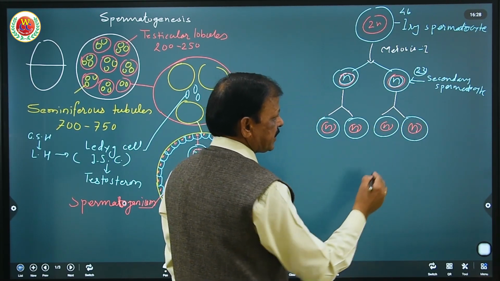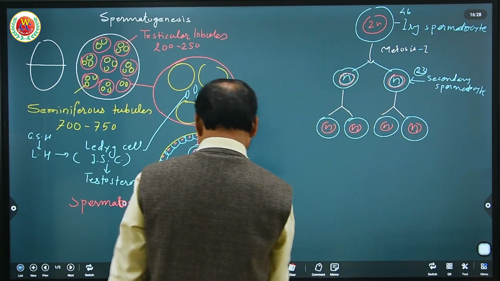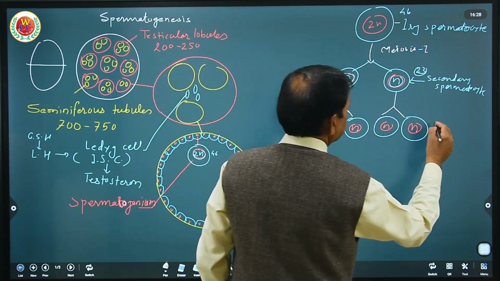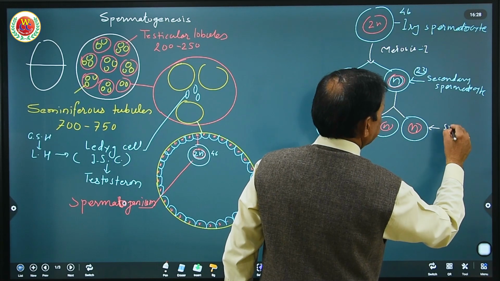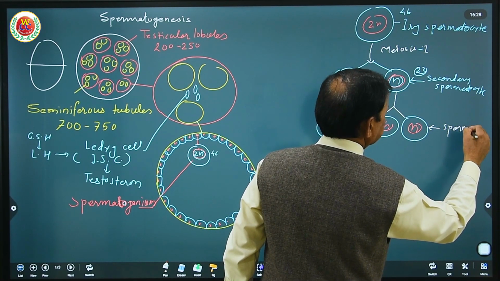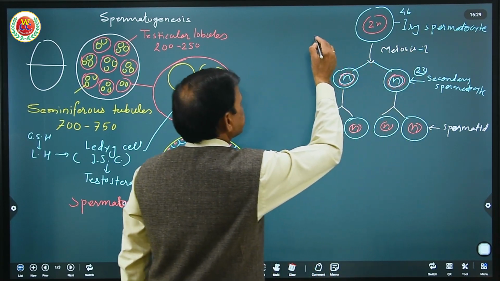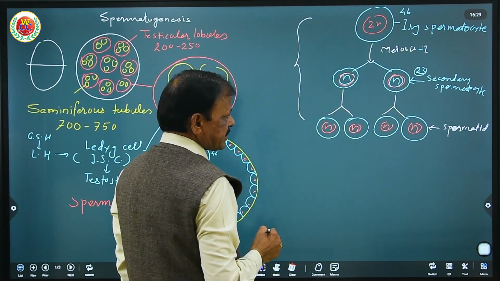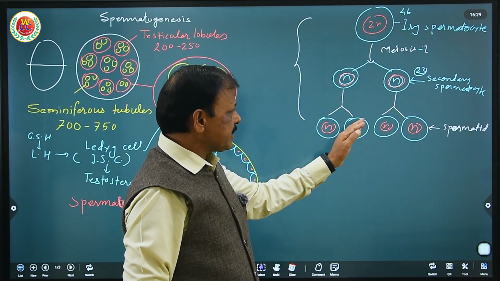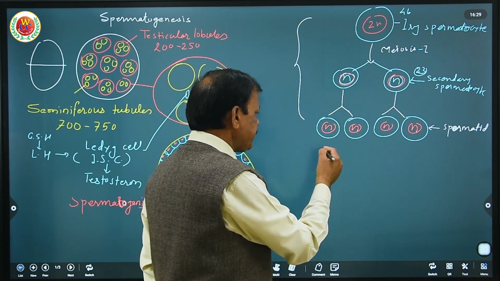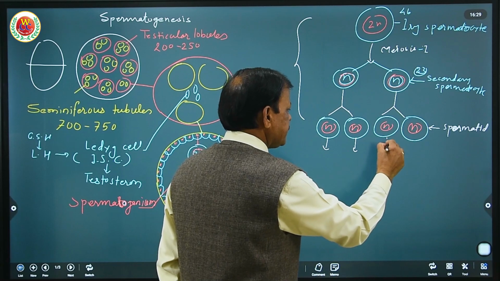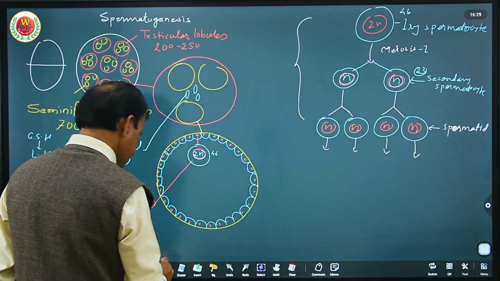They are haploid. This entire process is called spermatogenesis. Now these 4 spermatids undergo differentiation and produce spermatozoa.